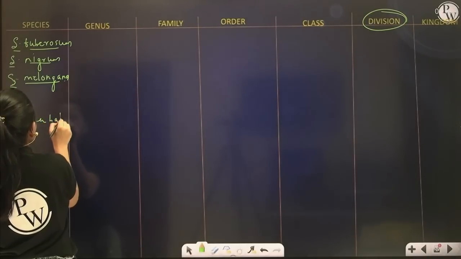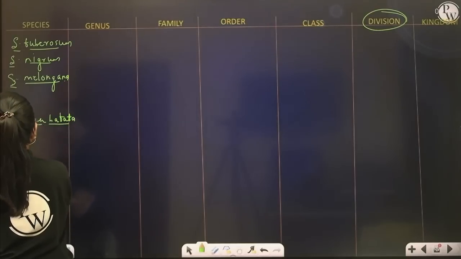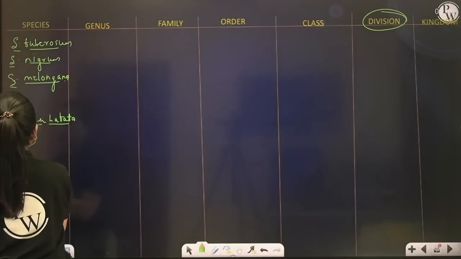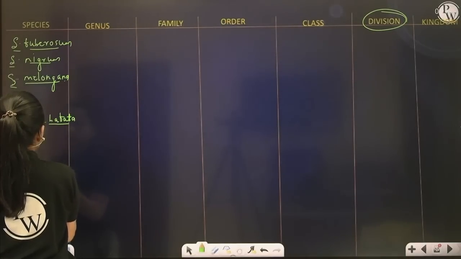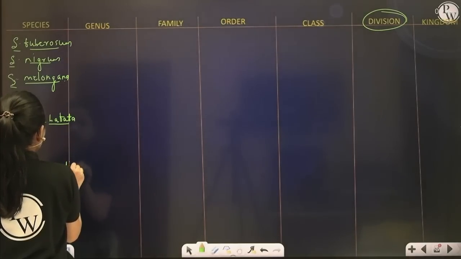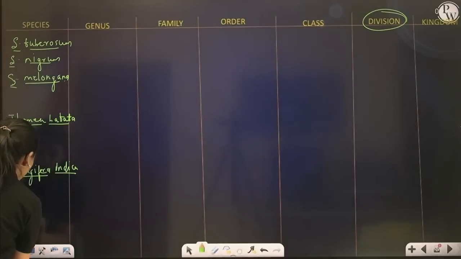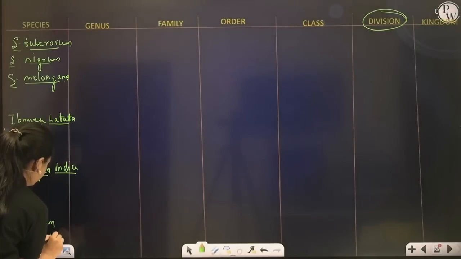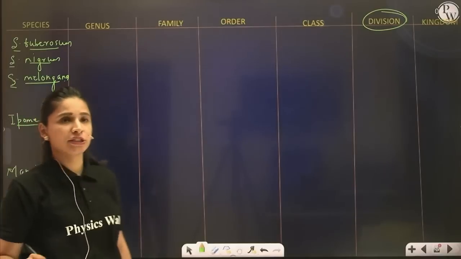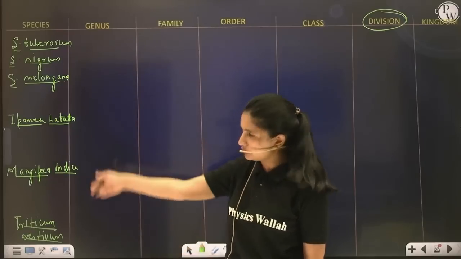What is this? This is sweet potato. Then Mangifera indica, mango. Then Triticum aestivum. This is wheat. So many other species which you have to learn. NEET also is going to ask questions related to these names only.